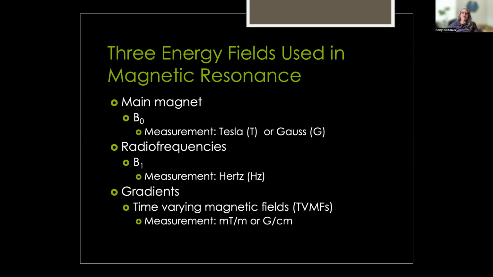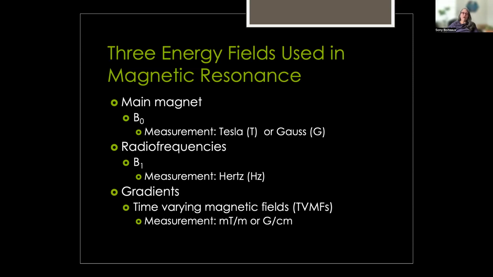And then our third energy field is going to be what we call our gradient fields, or time varying magnetic fields. These fields change strength over time, okay? And also over distance. And so we measure those as millitesla per meter, the change in magnetic field strength per meter, okay? And that's rapidly changing.